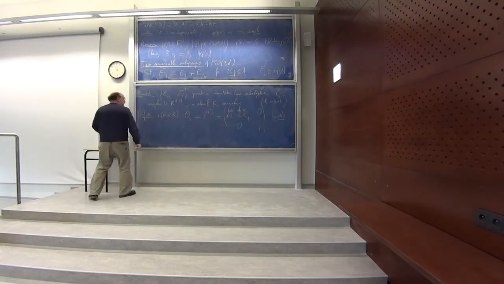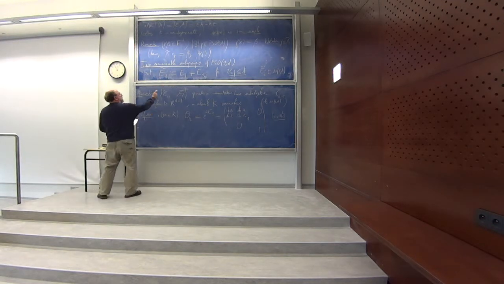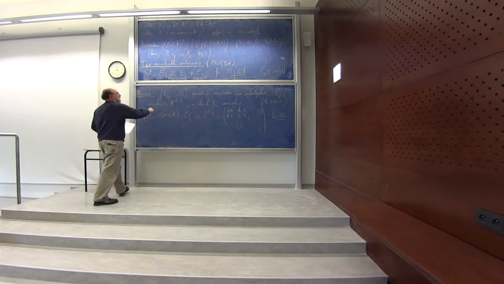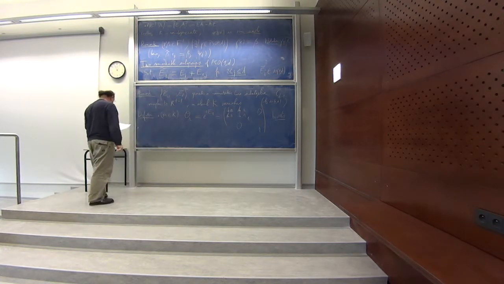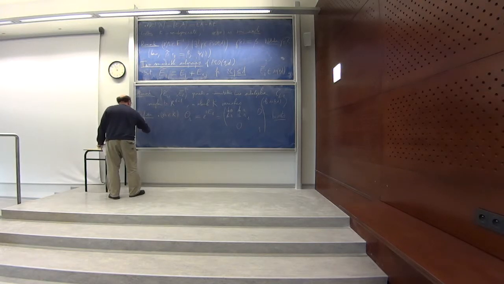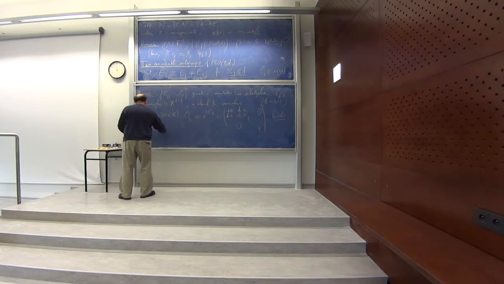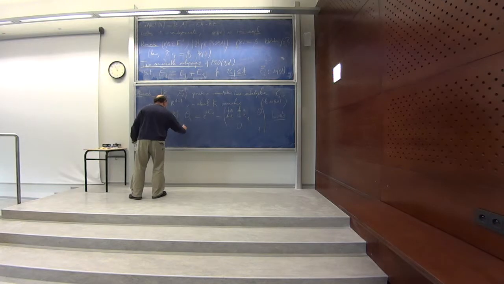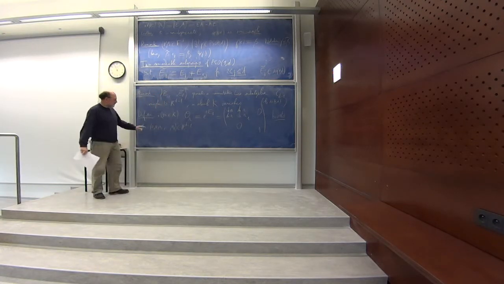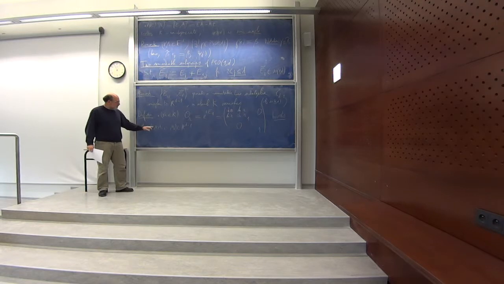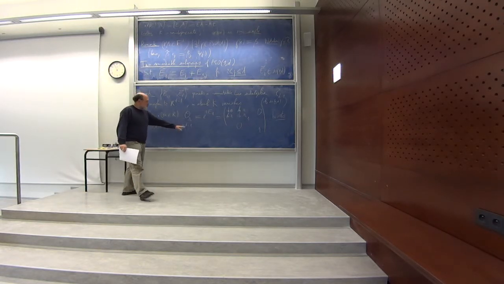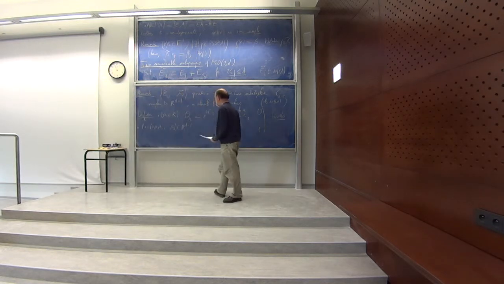And a little more complicated, the isometries associated to this subalgebra. For any u, I write u_2 till u_D in R to the D minus 1. I recall the identification: this is orthogonal to e_0 and e_1. So this belongs to R to the D minus 1.